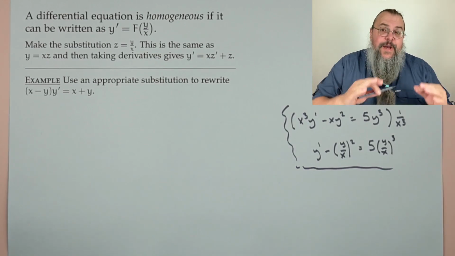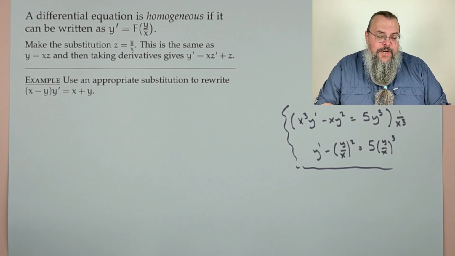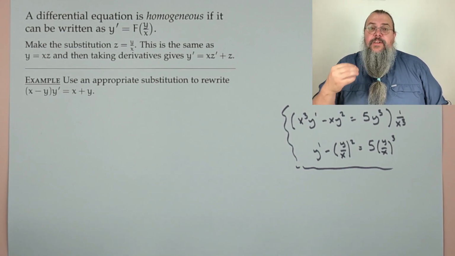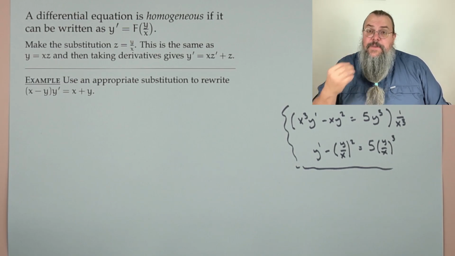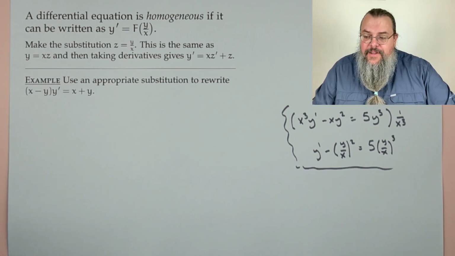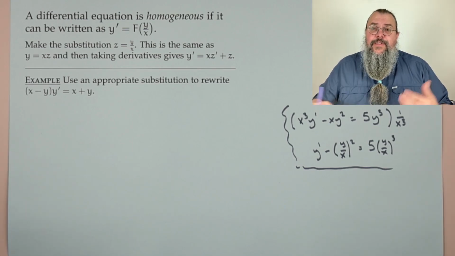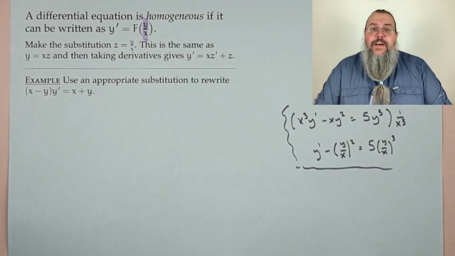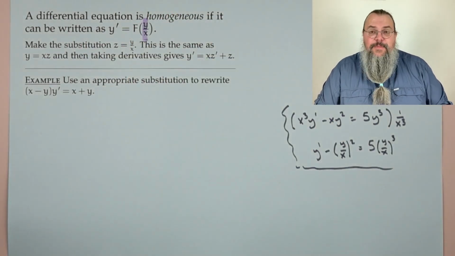Now, it doesn't just have to be polynomial. There are other ways it can show up. But essentially, you say, look, can everything be rewritten so that it looks like y over x? If it can, then our substitution, no surprise, if we think back to the phrase, substitution is an inside job, we say, oh, well, we see y over x on the inside, so there's our substitution to be making.